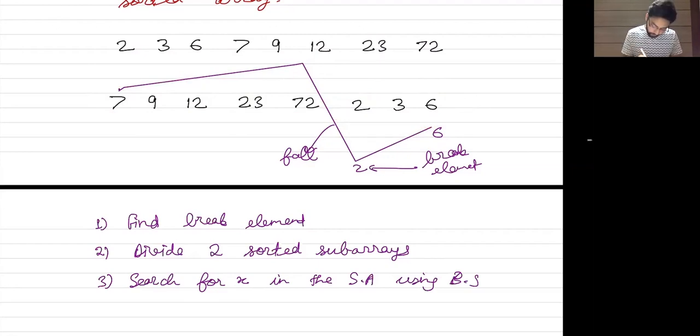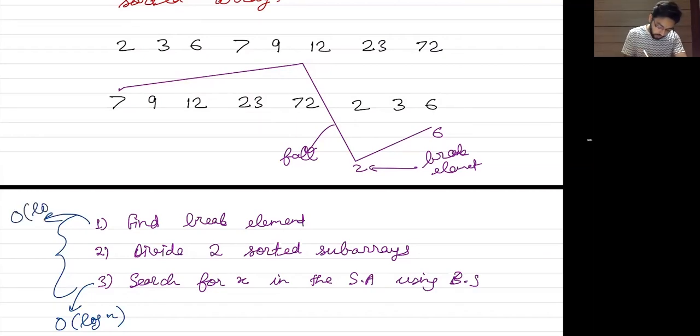So this step 3 can be done in order of log n, binary search in a sorted array. If I want this whole solution to be done in order log n, then step 1, which is finding the break element, also has to be done in order log n. So if step 1 can be performed, we obviously know how to reach the solution.